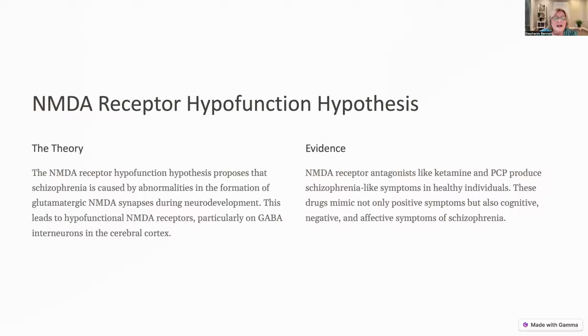The reason we think this is true is because NMDA receptor antagonists like ketamine and PCP produce schizophrenia-like symptoms in a healthy individual. So that goes without saying that if that's the case, then is there possibly some hypofunction here or something going awry that may be leading to these symptoms? These drugs, it's interesting, don't just mimic the positive symptoms of schizophrenia, but also the negative, cognitive, and affective symptoms as well.